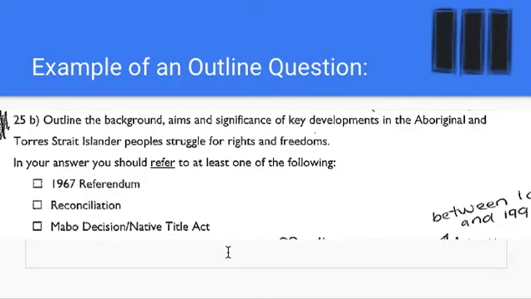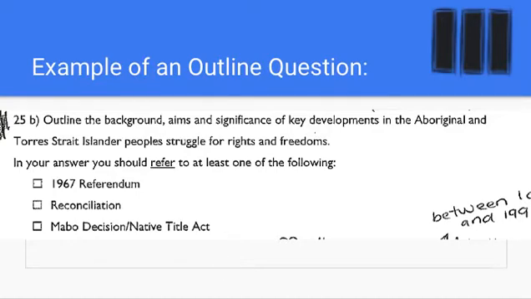In your answer, you should refer to at least one of the following: the 1967 referendum, reconciliation, Mabo decision, and Native Title Act. So if you're given a question like this, you need to state the main points of the background of one of these events, the aim of the event, and the significance of the event to the Aboriginal and Torres Strait Islander people.